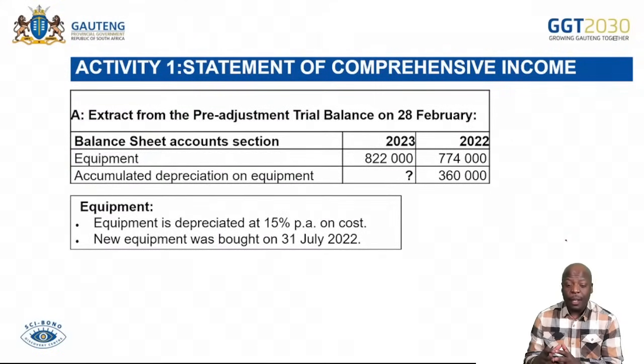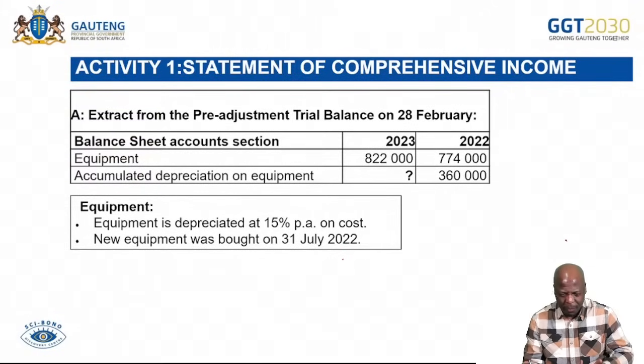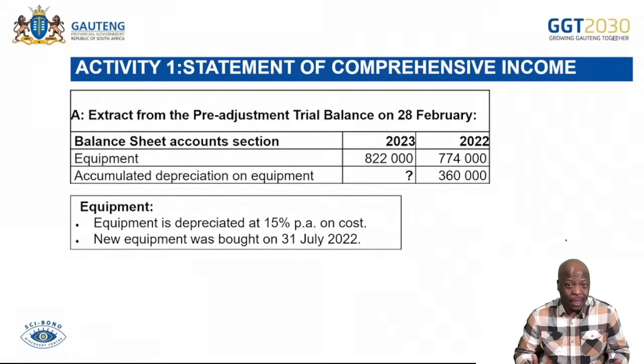We're told equipment is depreciated at 15% per annum on cost. New equipment is bought on the 31st of July in the year 2022. So we have new equipment here. We don't know where is the new equipment. They never told us. How are we to know if this is new equipment? Where do we find that new equipment?